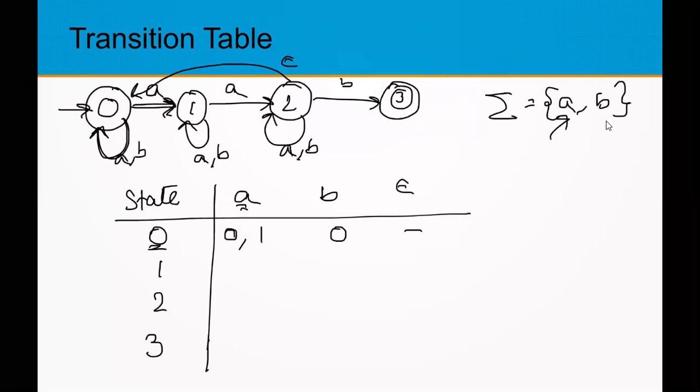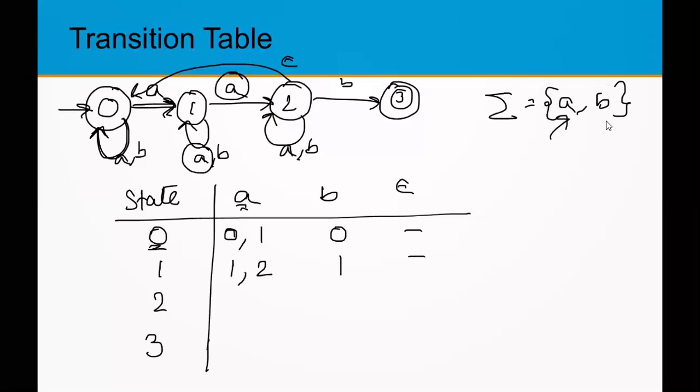Similarly, let's look at 1. On A, there are two arrows starting from 1 labeled A. So 1 on A can go to 1 and it can go to 2. And 1 on B can go only to 1. Again, 1 does not have any epsilon transition, so this is empty.